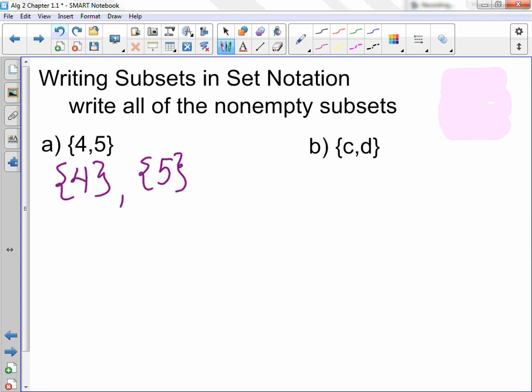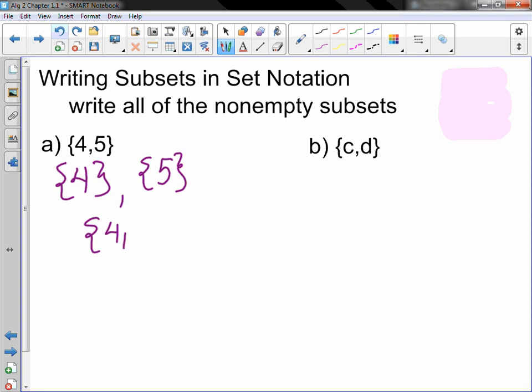Because both of these are subsets of the set {4, 5}. And last but not least, our other subset is {4, 5}. So we can have the one that contains both 4 and 5. So we have 3 subsets for this here.